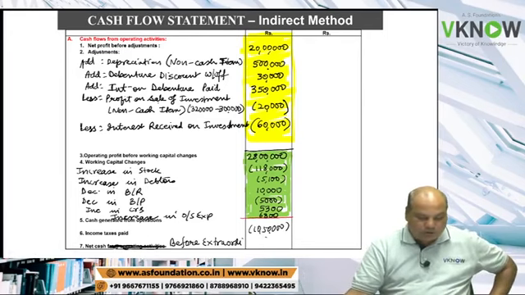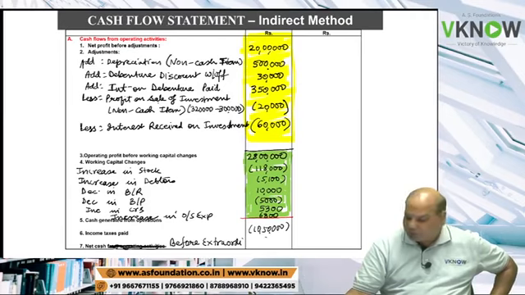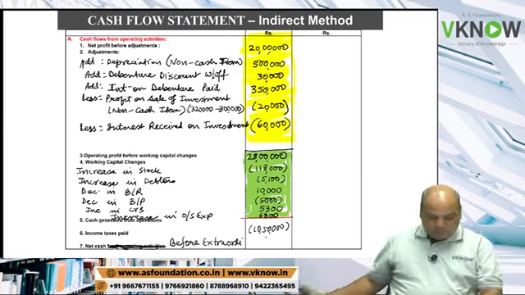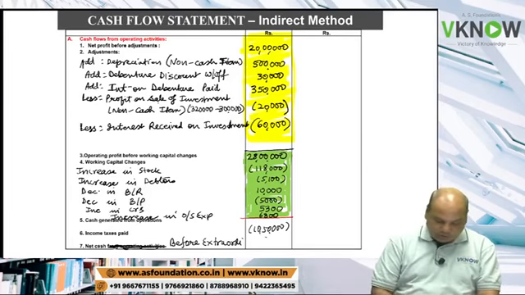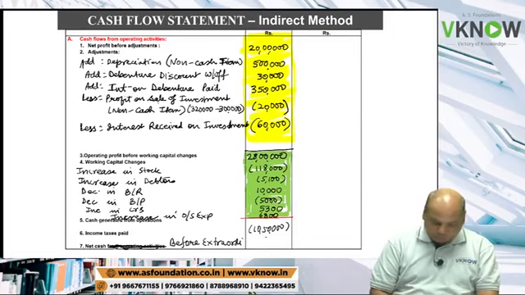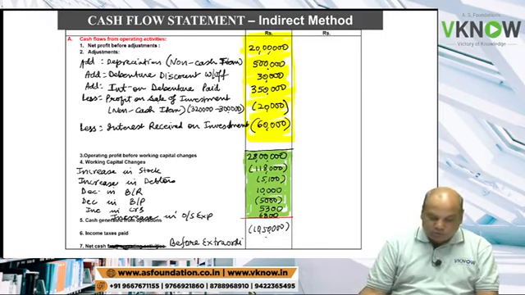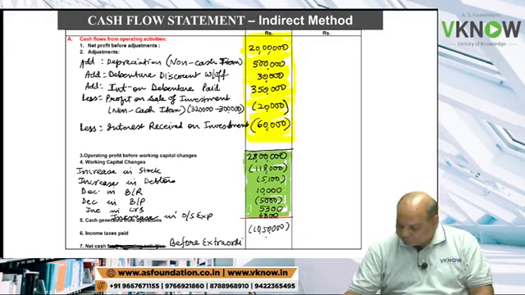Please reply fast. Anybody who wants to reply? Cash generated from operations is 26,94,000.